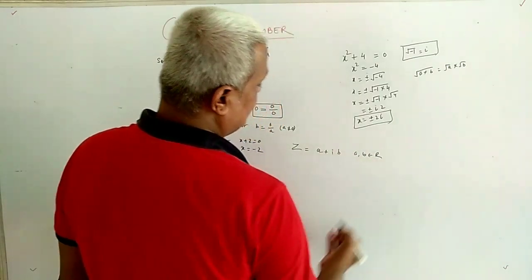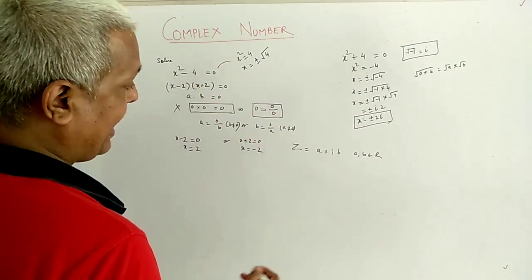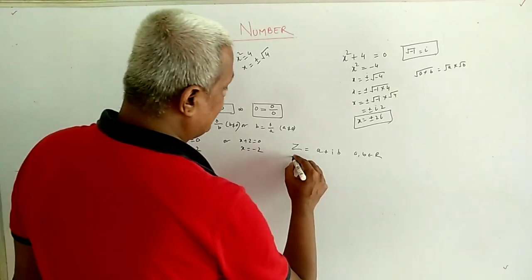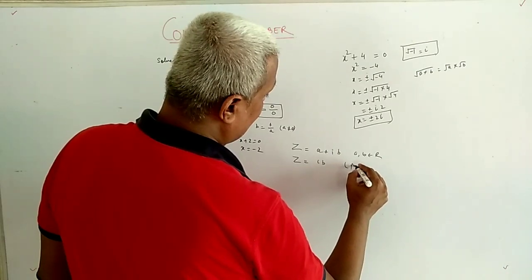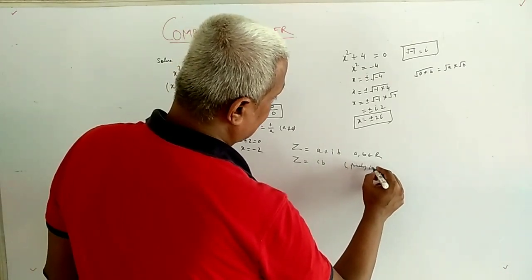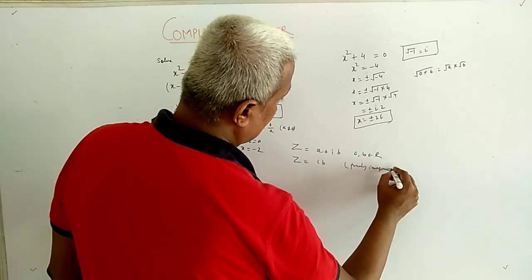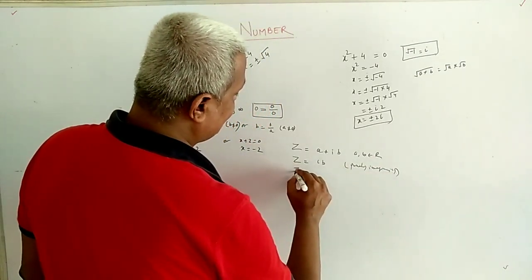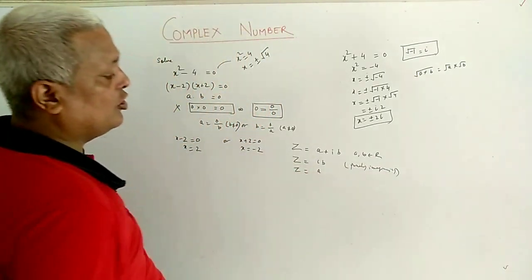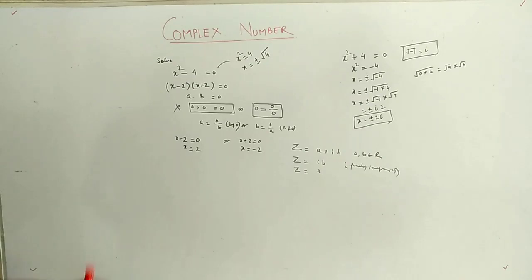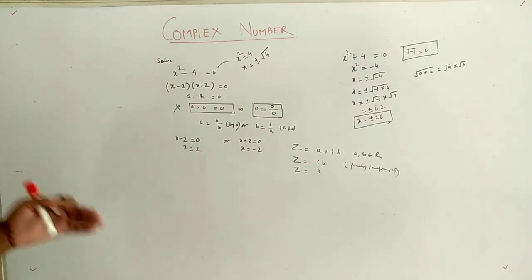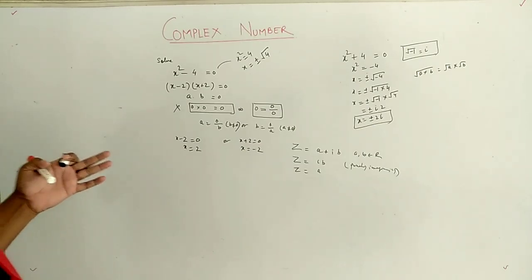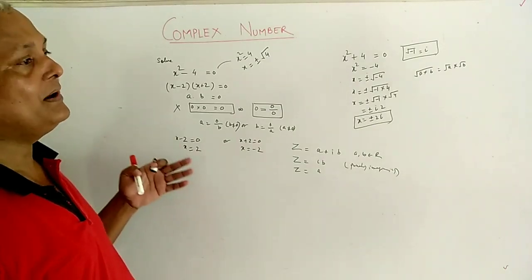If you have a as 0, then you get the number ib. This is called purely imaginary. And if you have z equal to a, it is called purely real. So this idea gave birth to the new mathematical domain called complex number.